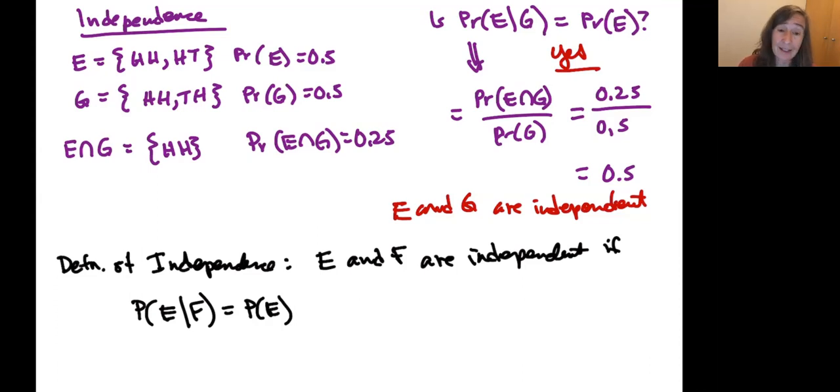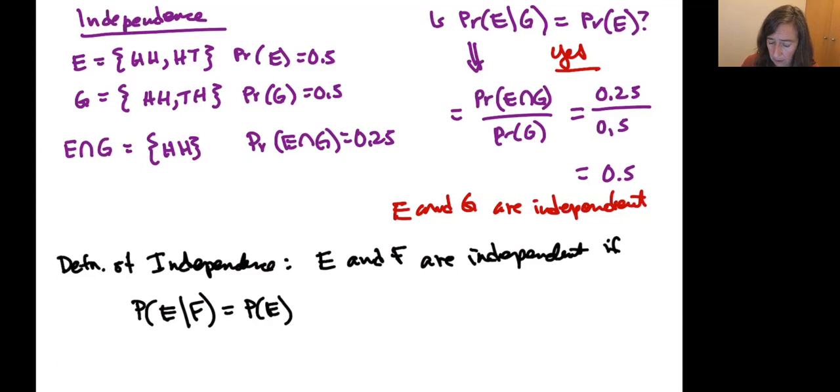We can calculate the probability of the intersection in any case, whether they're independent or not. Let me write it differently.